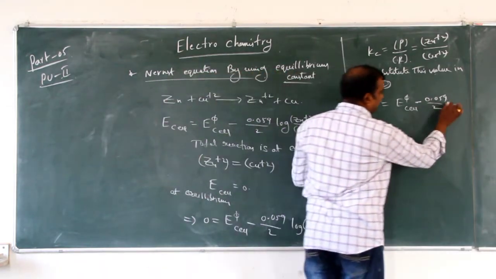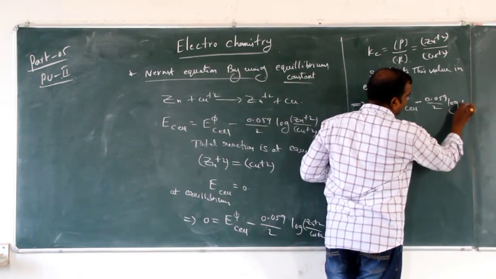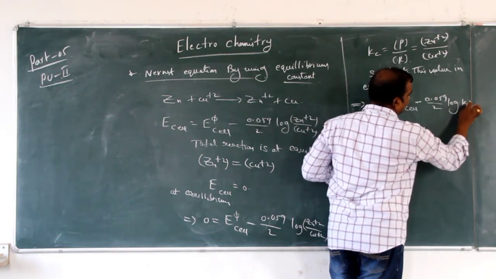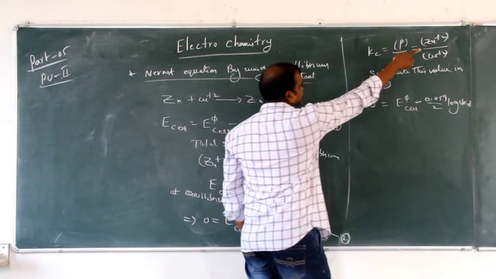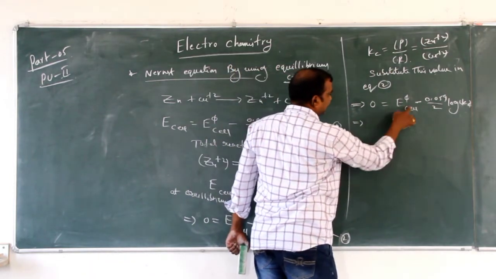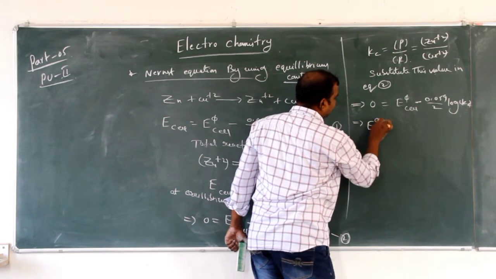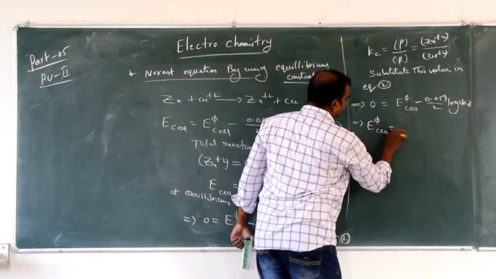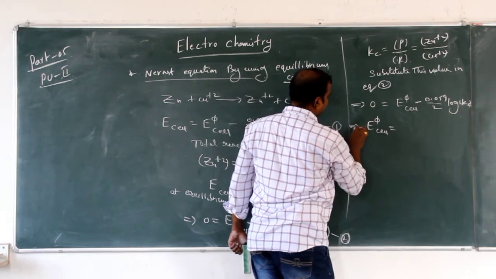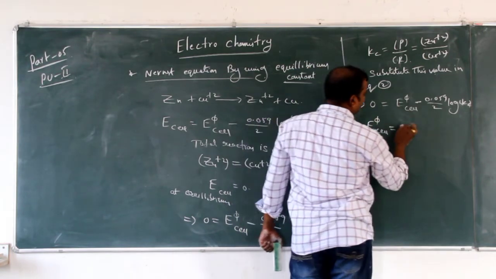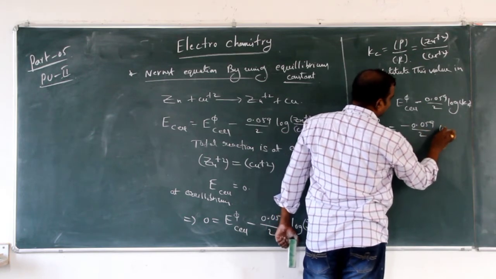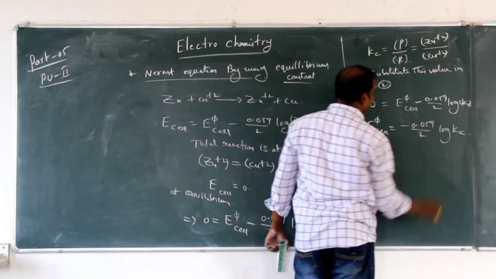So simply I am taking the log of Kc. Is it correct or not? Log of Kc. Why Kc? Kc is equal to Zn plus 2 by Cu plus 2. So if you take this value to this side, E naught cell minus 0.059 by 2 log Kc.